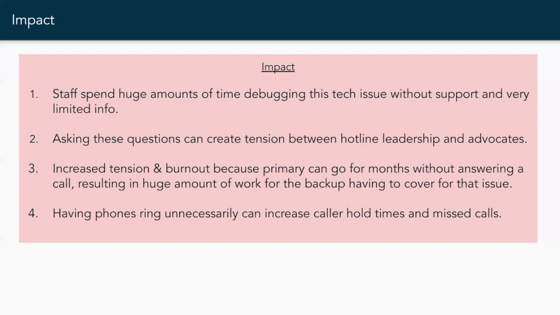It can also be really difficult on advocates when they're by the phone, ready to answer, and then just not able to get a call. And repeatedly having these conversations of, hey, a call came in, what happened? Why didn't you answer? And the advocate going, I did, I wanted to.